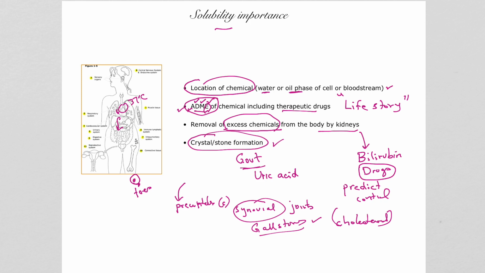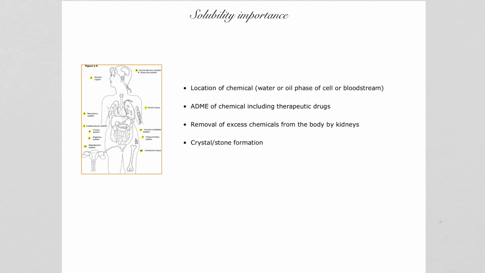So that's why it's important for healthcare professionals, if you look at the structure of a chemical, to be able to get an idea how water soluble it is. Is it going to be water soluble, poorly water soluble? And that will give you a lot of information on the behavior of the chemical in the human body. Very, very important concept for healthcare professionals.